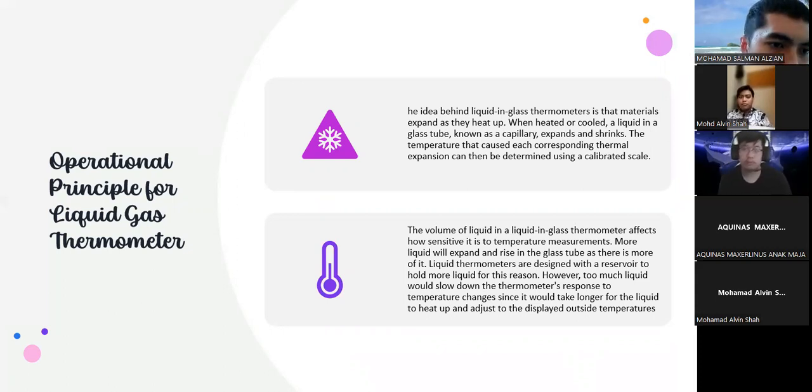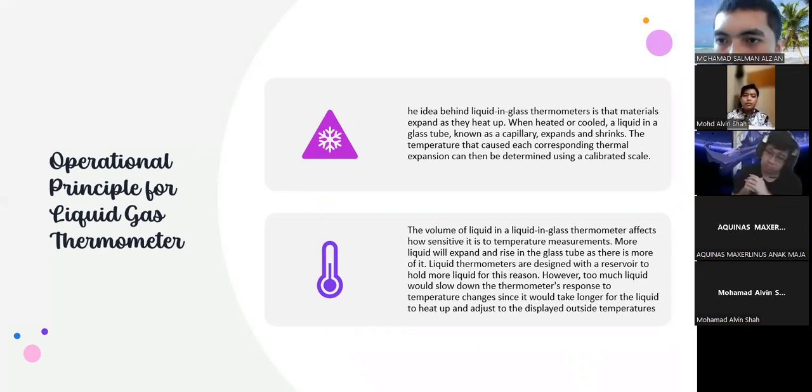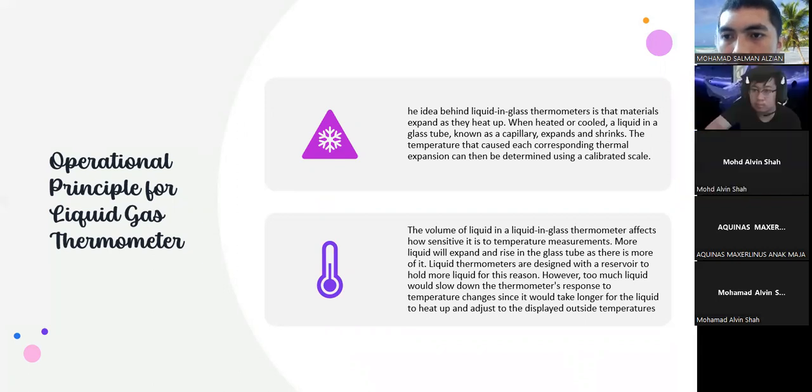Operational principle for the liquid in glass thermometer. The idea behind it is that materials expand as they heat up. When heated or cooled, a liquid in a glass tube known as a capillary expands and shrinks. The temperature that causes each corresponding thermal expansion can then be determined using a calibrated scale. The volume of liquid in a liquid in glass thermometer affects how sensitive it is to temperature measurements.